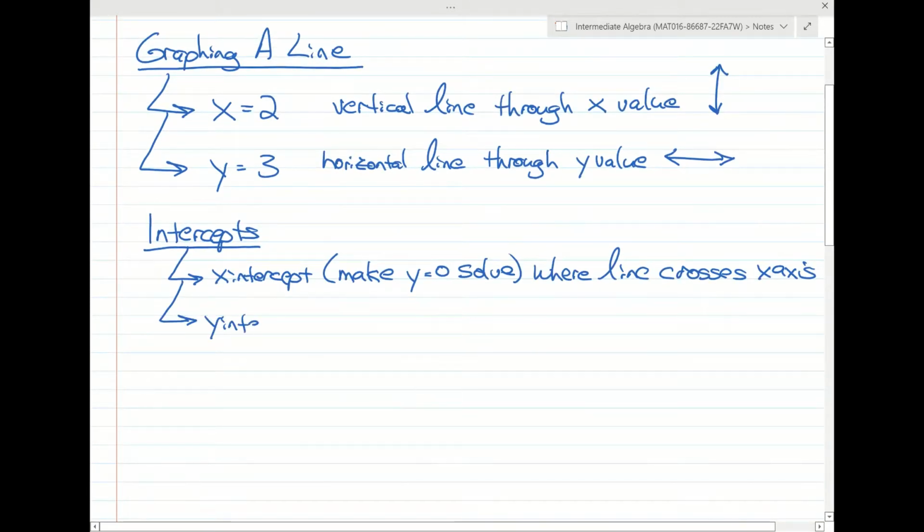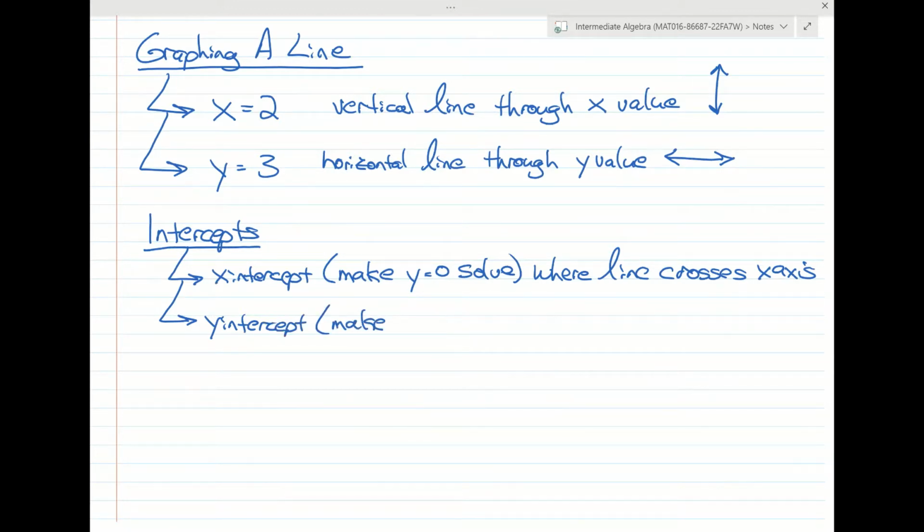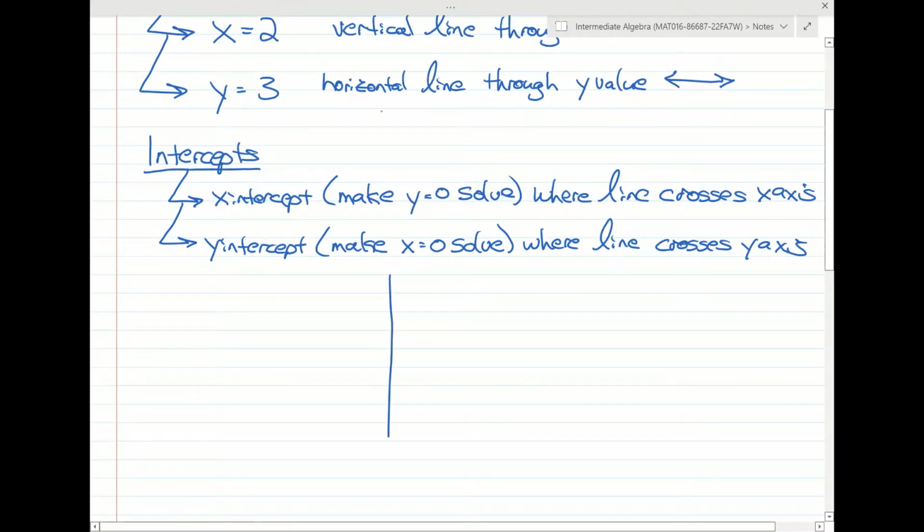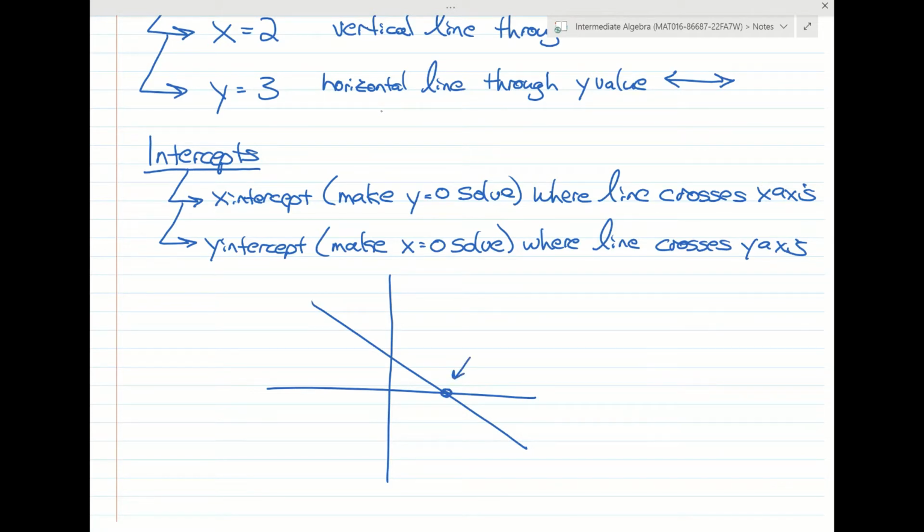For a y-intercept, we make x equal to 0 and solve. This is where the line crosses the y-axis. This is the x-intercept, this is the y-intercept. This is the y-axis, this is the x-axis.